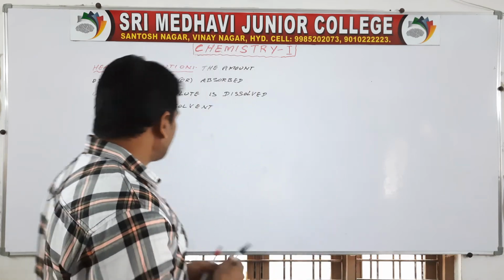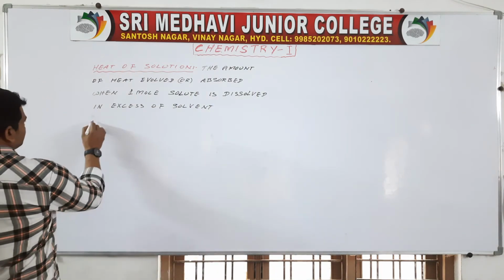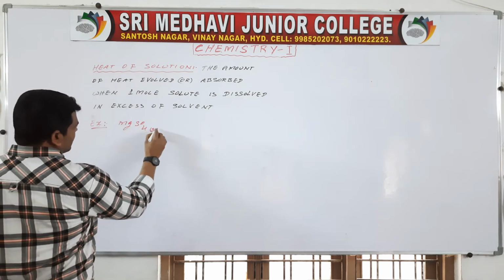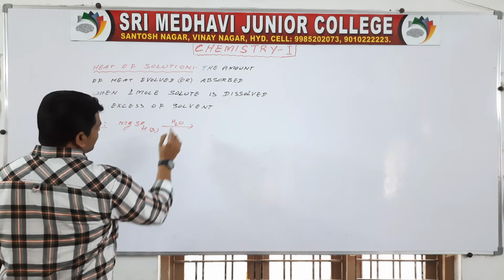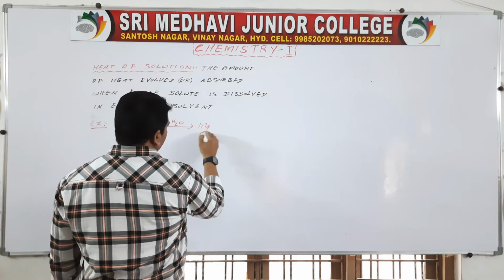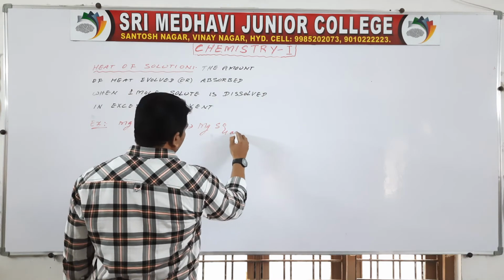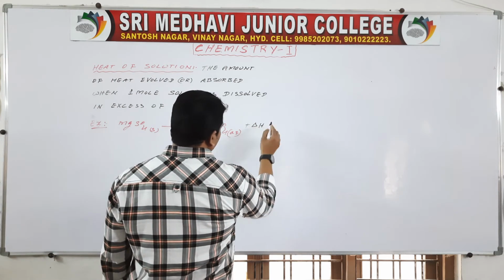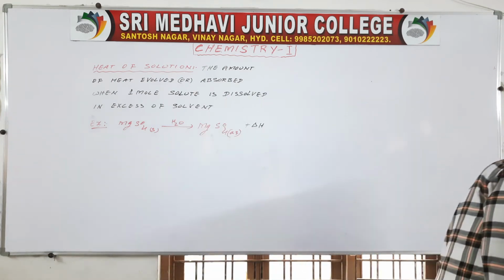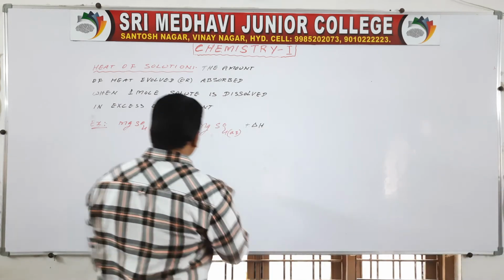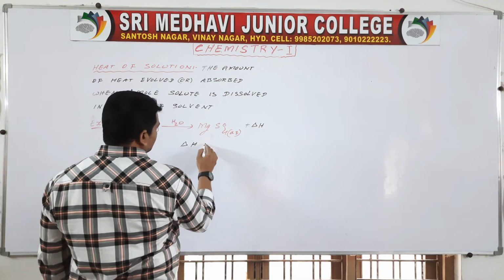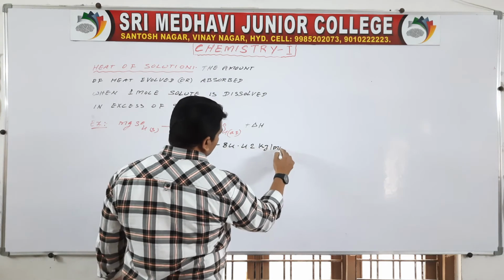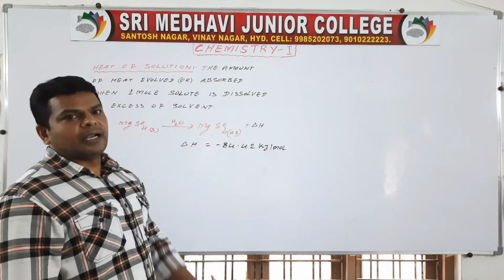Here is an example: MgSO4 solid when dissolved in water forms MgSO4 aqueous plus delta H. Here delta H is equal to minus 84.42 kilojoules per mole, so energy is released.